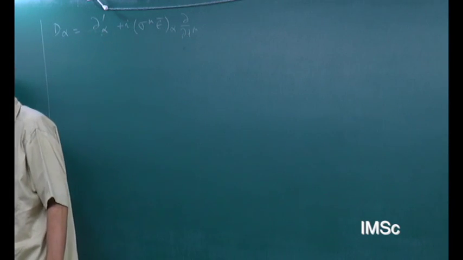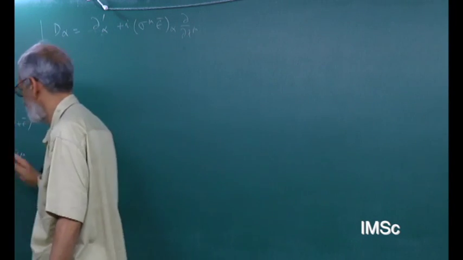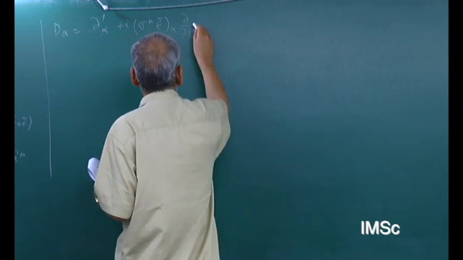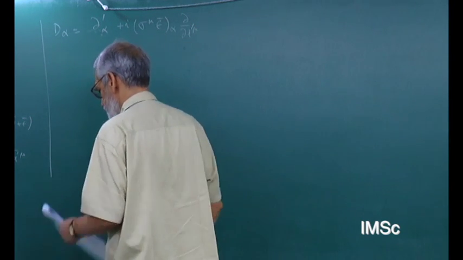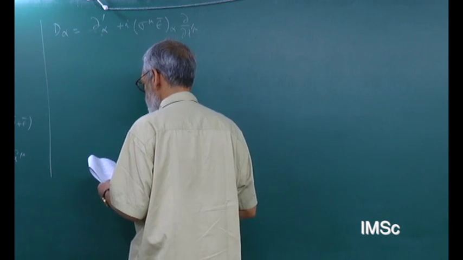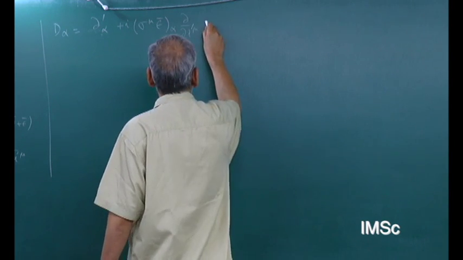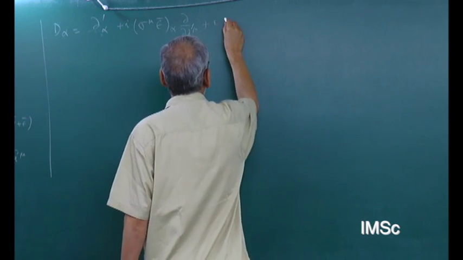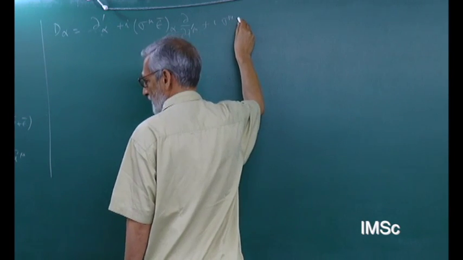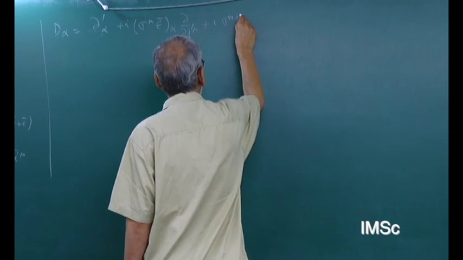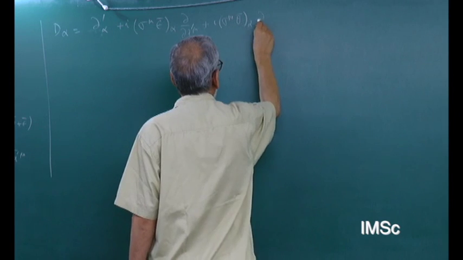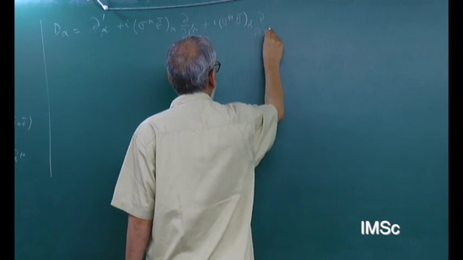That is the first part, prime. And then the second part here is i sigma mu theta bar alpha d by d x mu.